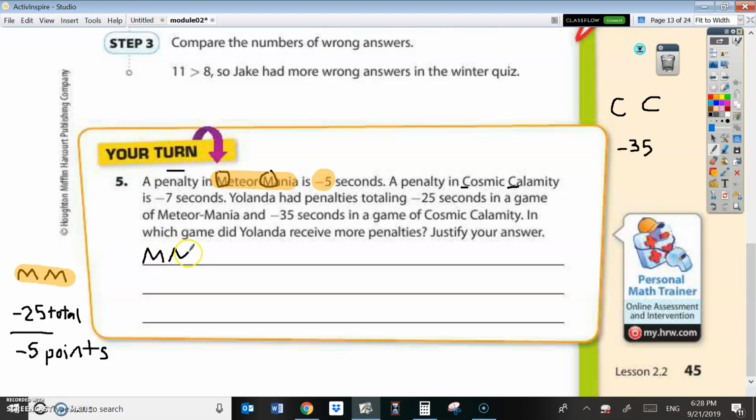Meteor Mania, she had 5 penalties. And Cosmic Calamity, so 35 divided by 7, that also equals 5. Cosmic Calamity, 5 penalties also.